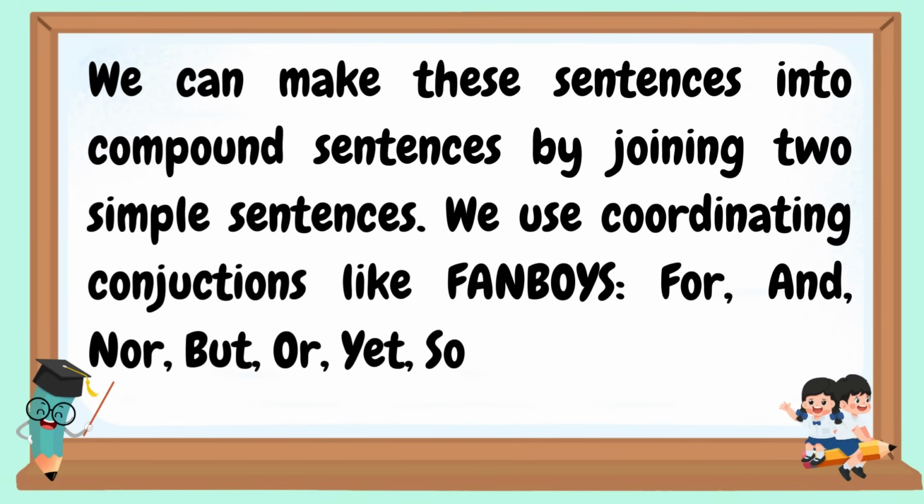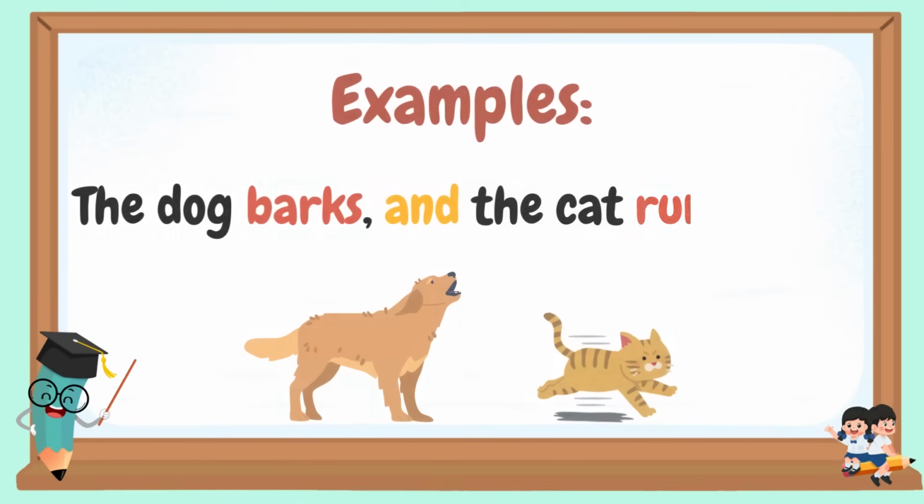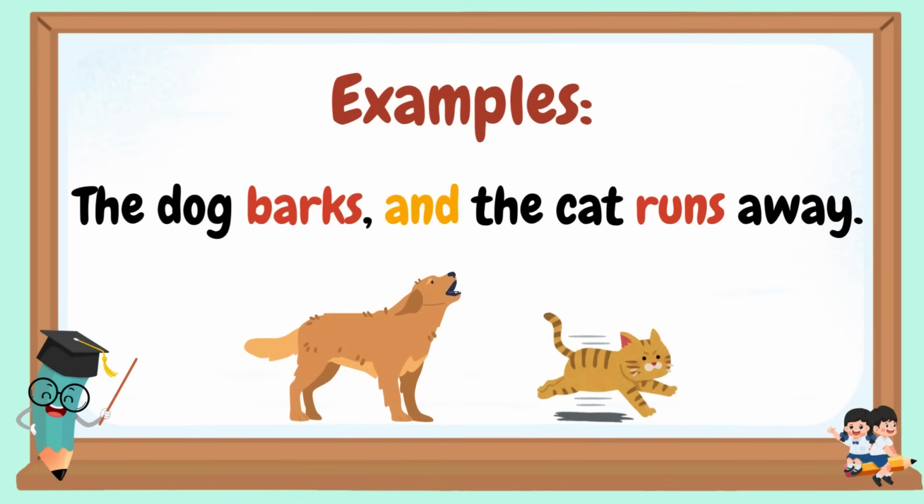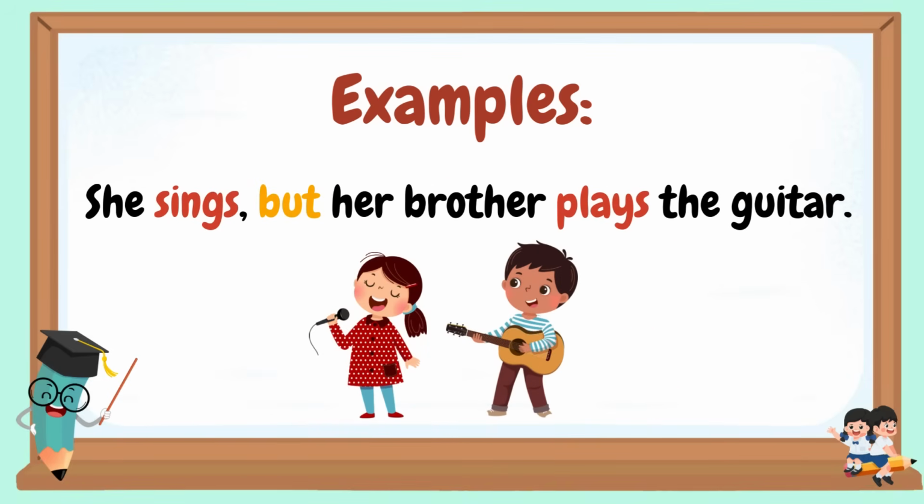We can make these sentences into compound sentences by joining two simple sentences. We use coordinating conjunctions like FANBOYS: for, and, nor, but, or, yet, so. Example: The dog barks and the cat runs away. She sings, but her brother plays the guitar.